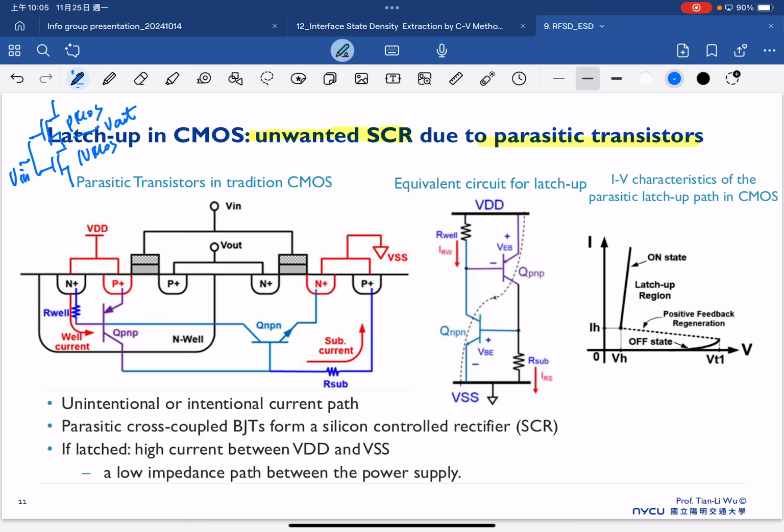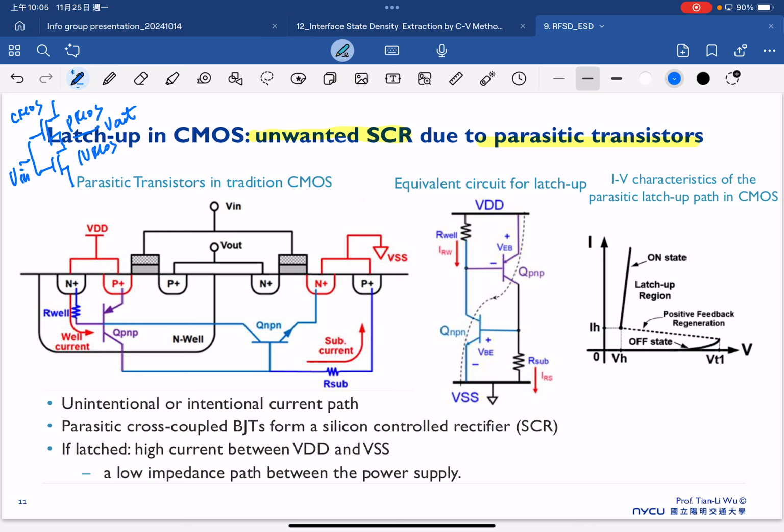That's what we generally consider a CMOS. And CMOS is the main building block for the logic circuit. It has the function to convert the digital signal from 0 to 1 or 1 to 0. So that's why the CMOS is very important.